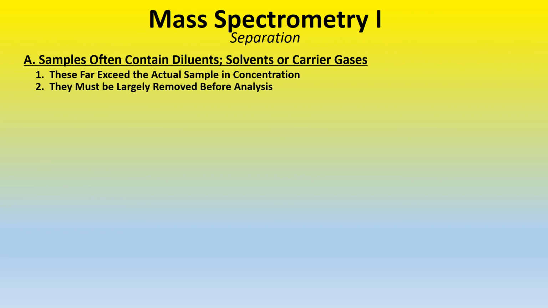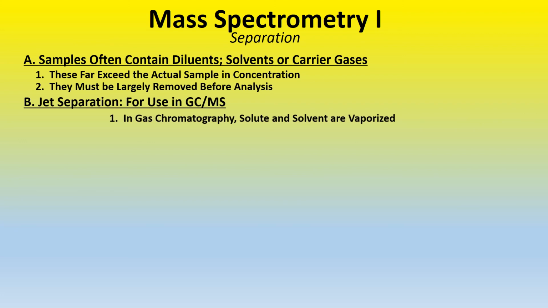There are two possible ways of doing this. For the gas phase, you use what is known as jet separation for use in a gas chromatograph mass spec, or GCMS. In gas chromatography, the solute and the solvent are vaporized by being injected into a heated chamber before they pass into the GC.